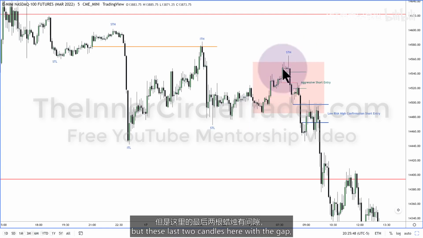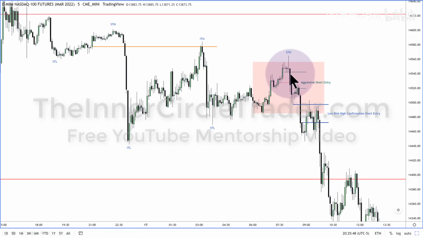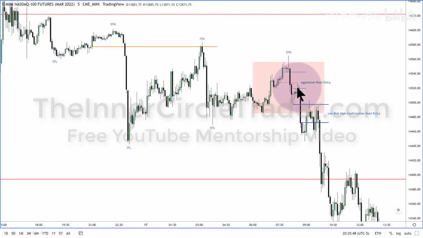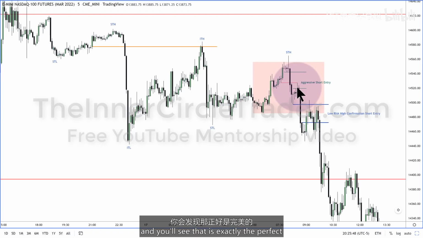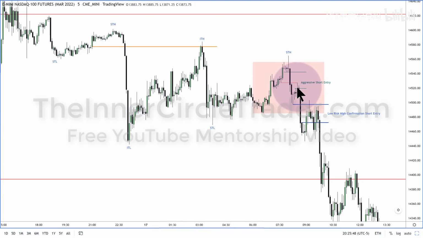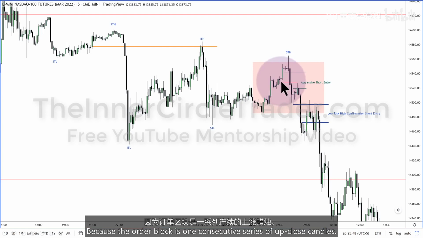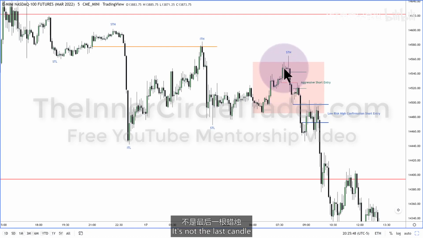But these last 2 candles here, with the gap, that low is exactly to the quarter point as that candle's high right there. Don't take my word for it. Go into your charts and you'll see that is exactly the perfect delivery to that candle's low. Why am I pointing to that candle? Because the order block is one consecutive series of up-close candles. It's not the last candle before the down move.